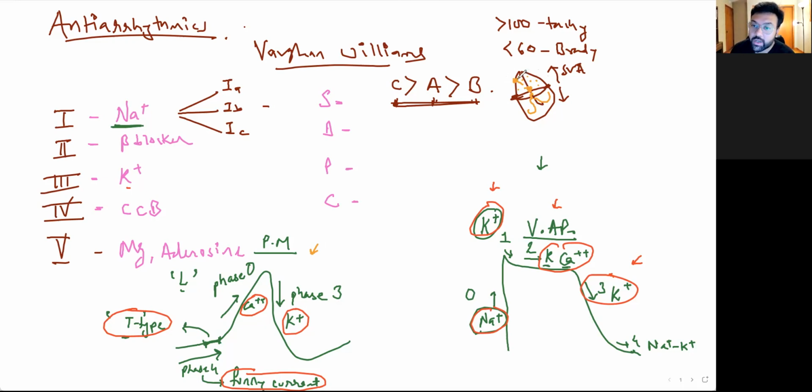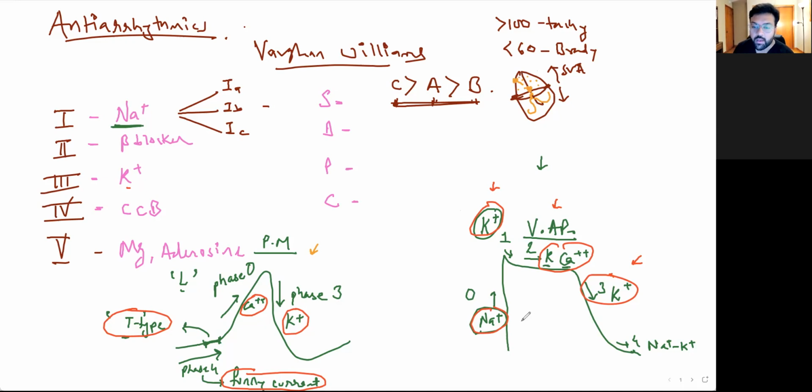Once the SA node depolarizes, it will send the impulse to the surrounding atrial cardiomyocytes, which will start rapidly opening sodium channels and depolarizing, and that depolarization is spread rapidly to the entire atria with the help of gap junctions, connexins.